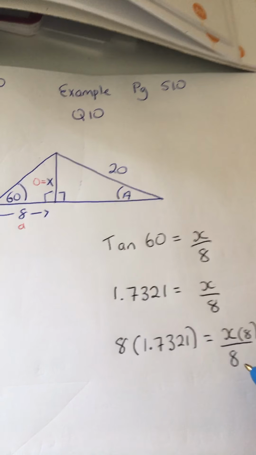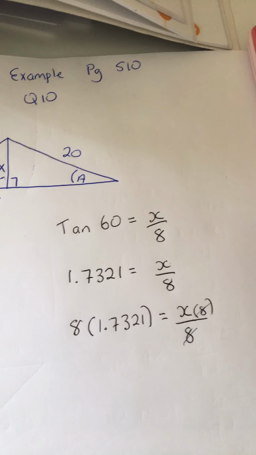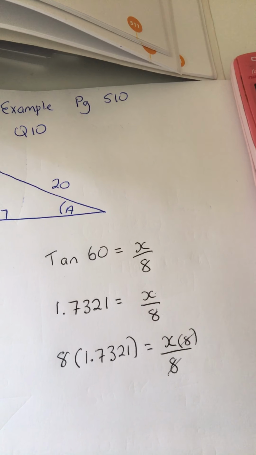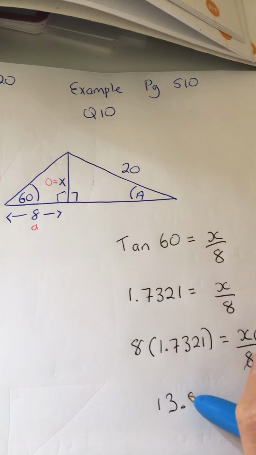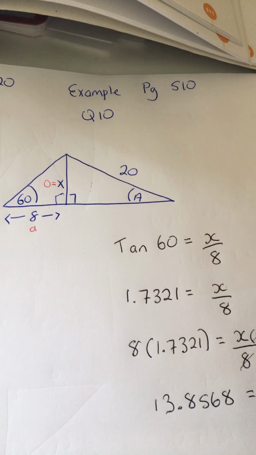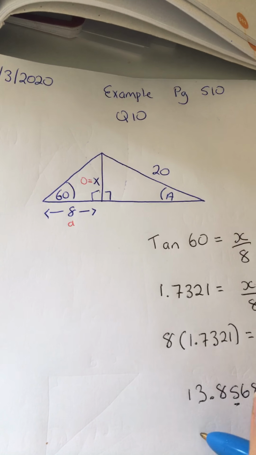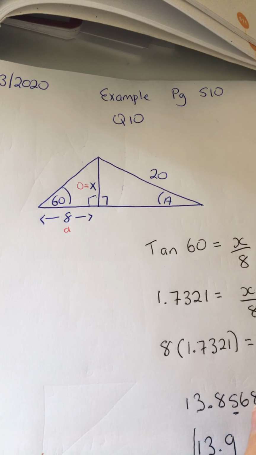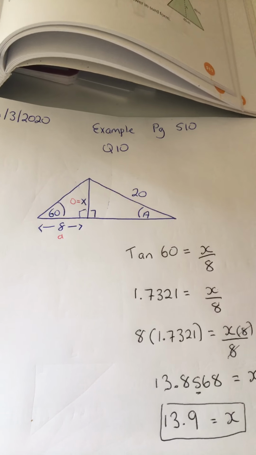Then 8 divided by 8, they cancel because 8 divided by 8 is 1. 8 multiplied by 1.7321 equals, you should be getting 13.8568. They want it to one decimal place, so that 5 is going to bring that 8 up, so we have 13.9 equals x. And that's the first part of the question done.